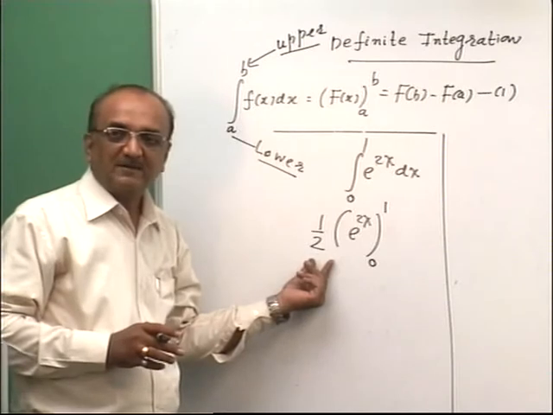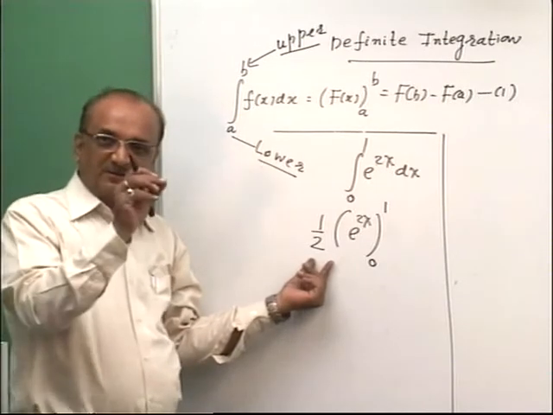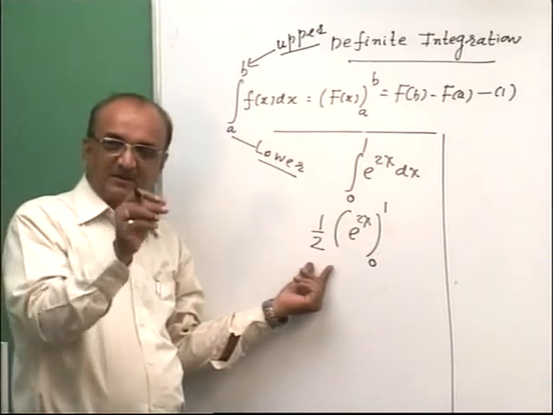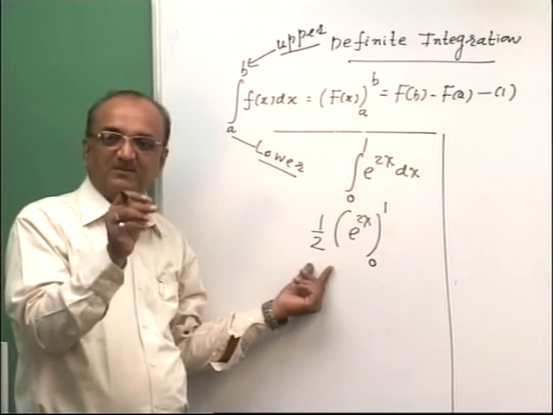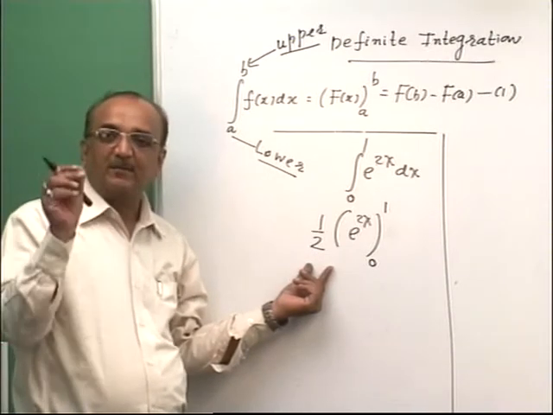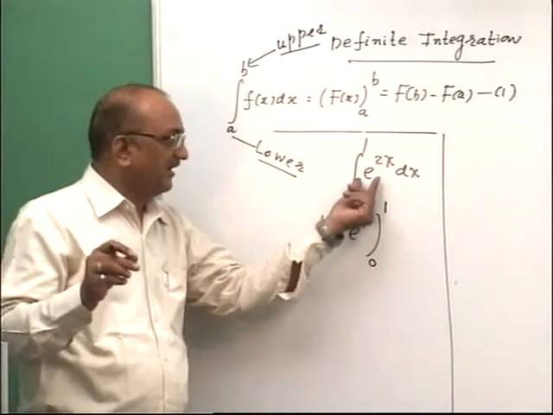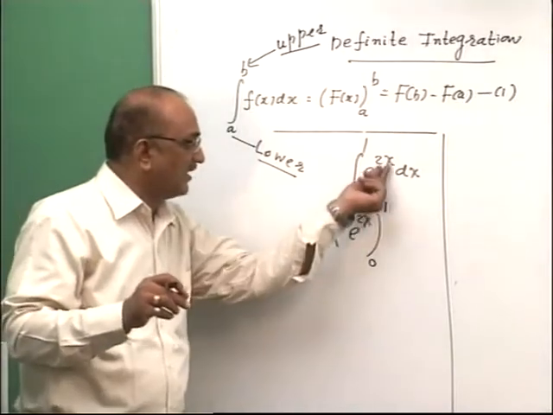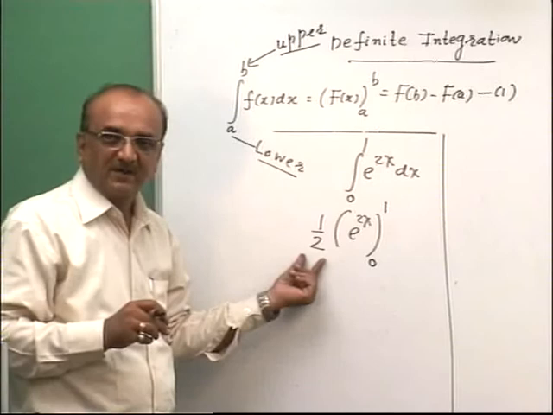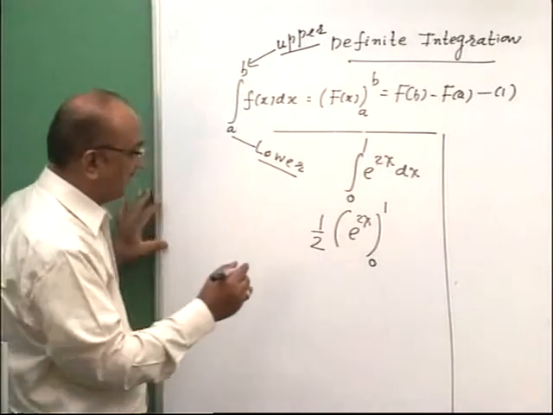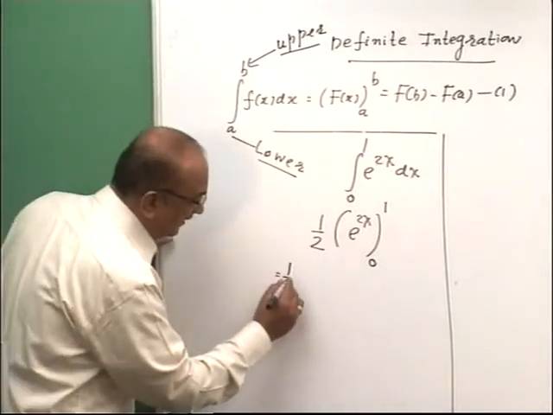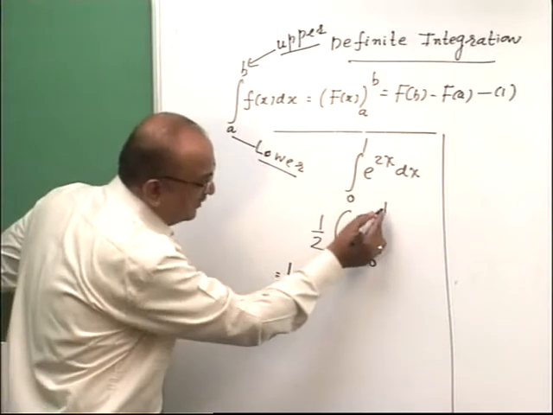Which formula? See the method of substitution by title. Integration of e raised to ax: the coefficient of x is 2, so 1 upon 2. Over. Now 1 upon 2 is not affected. Instead of x you can write 1.